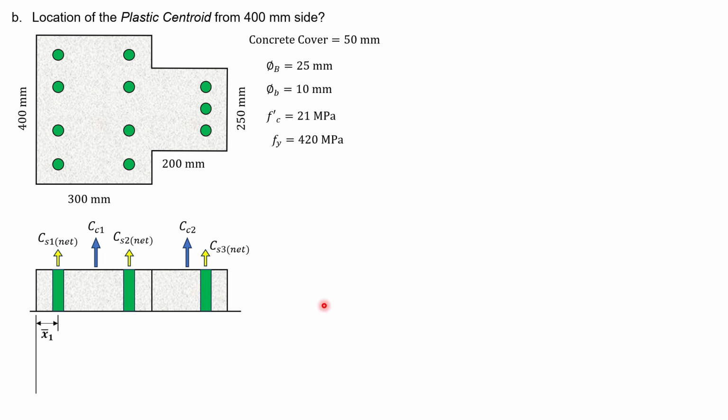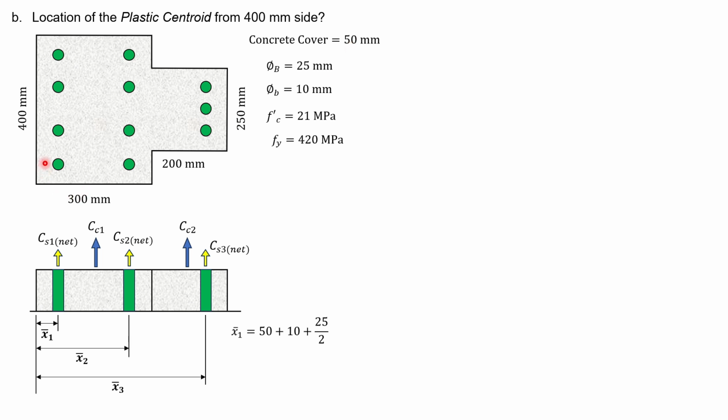Okay, so we locate first the dimensions or the moment arms of these rebars from the 400 mm side. For the C sub S1, we denote it X bar 1, for the C sub S2, X bar 2, and for the C sub S3, X bar 3. Now what are X bar 1, X bar 2, and X bar 3? For X bar 1, that is equal to, first, the concrete cover.